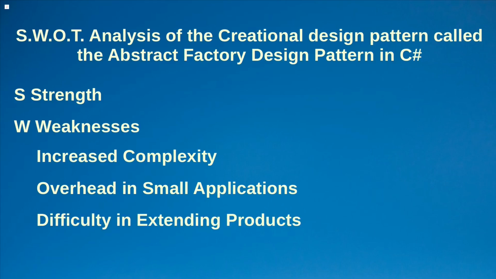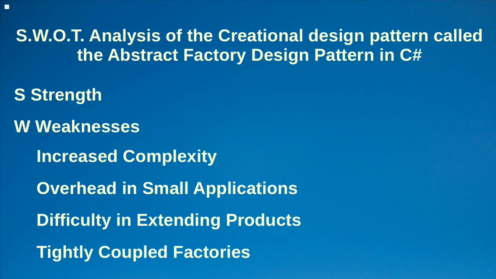Difficulty in extending products. If you need to add new types of products to existing families, it might require changes to the factory interface and all the concrete implementations, which could lead to a significant refactoring effort.